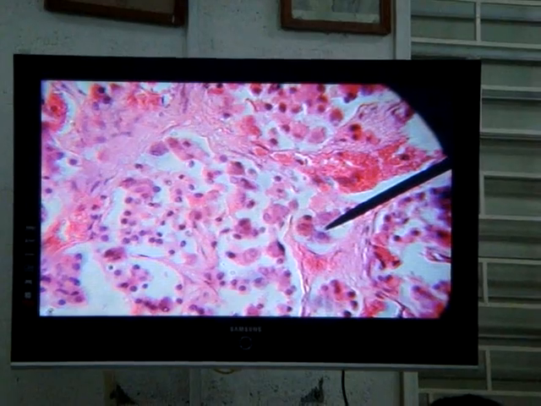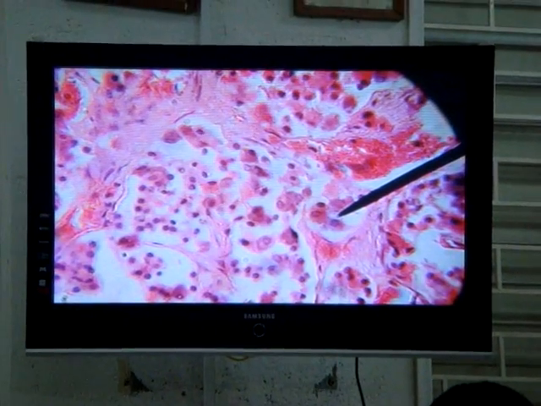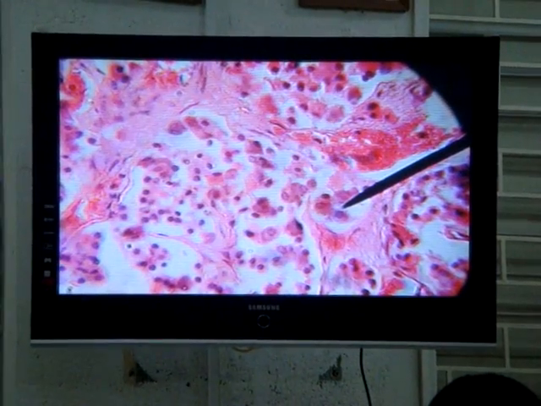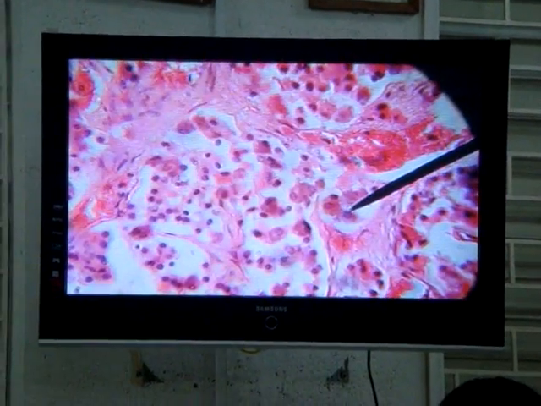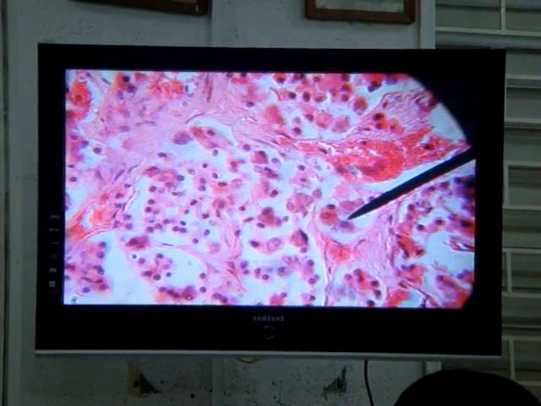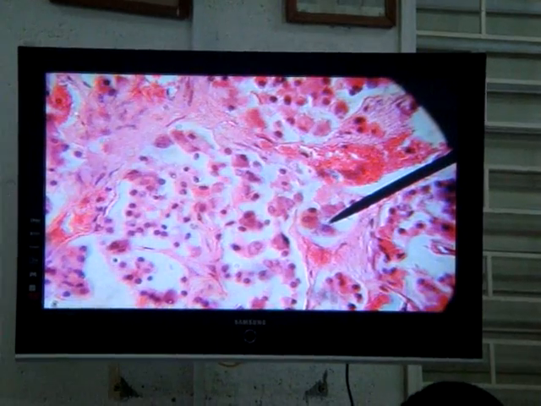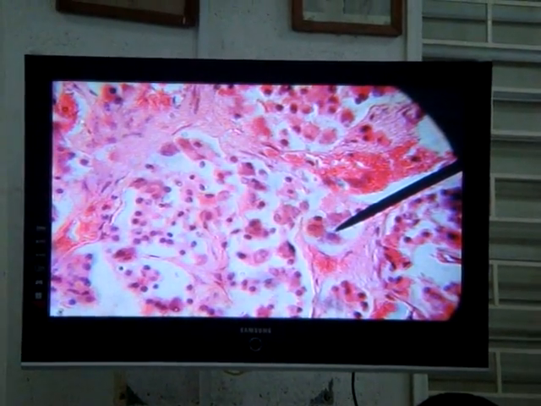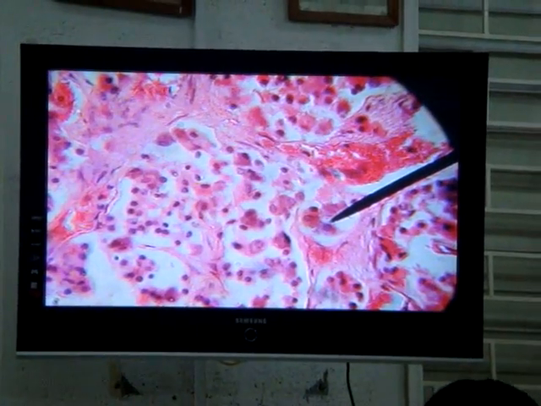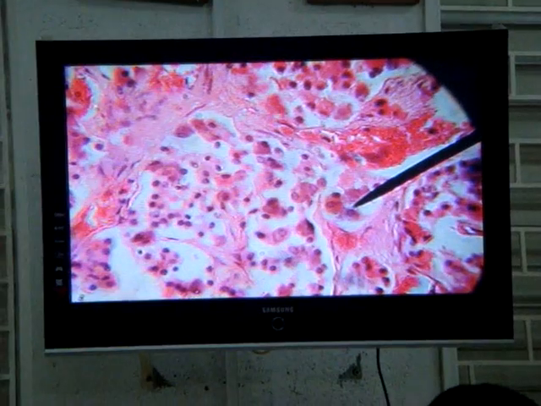I'm pointing at two cells right beside each other. You have to agree that for the one below, the one being pointed at, the cytoplasm looks a shade darker. You see that? That's the basophil. Cytoplasm is just a shade darker.